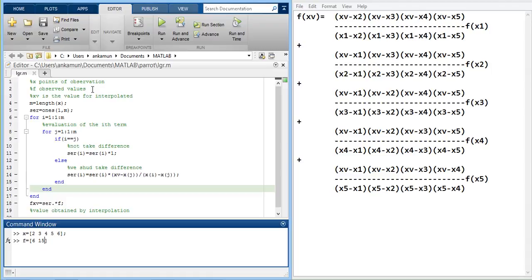In the third week, 15 centimeters. Fourth week, 20 centimeters. Fifth week, 22 centimeters. Sixth week, 23 centimeters. Next, I will specify my xv as the point at which I wish to calculate our length. So let me make it 4.2.